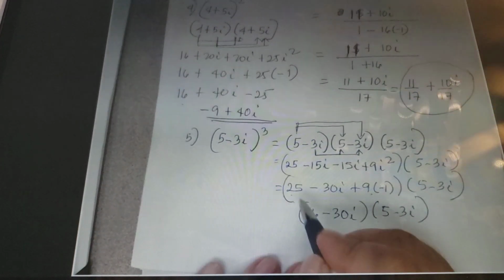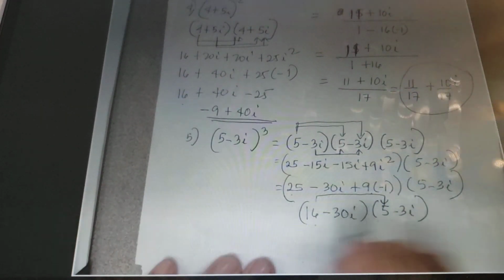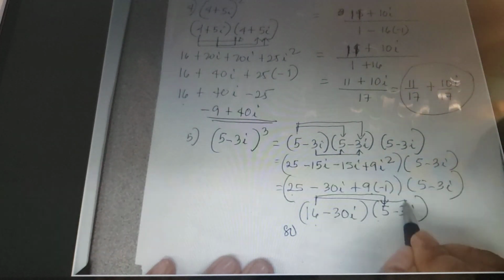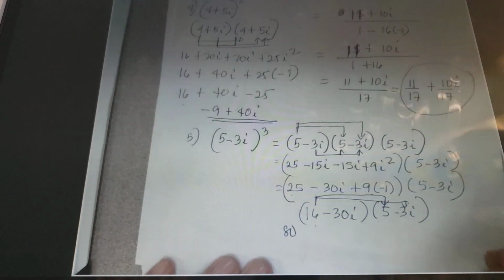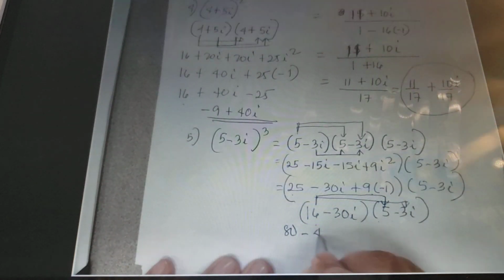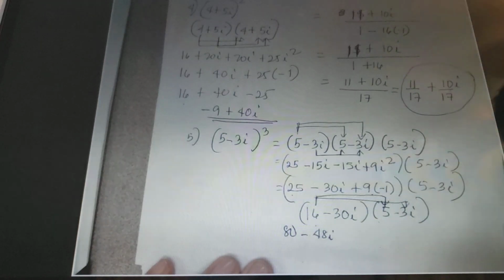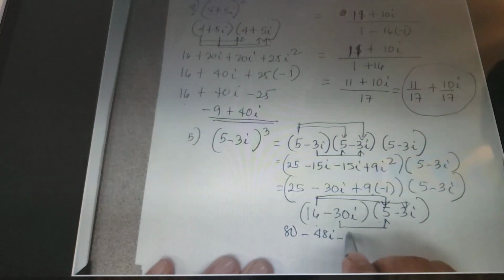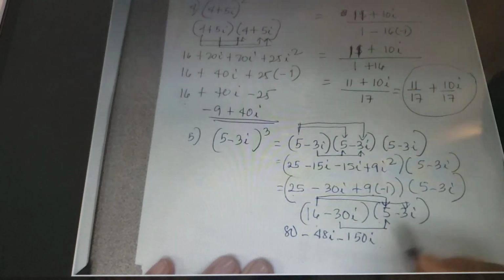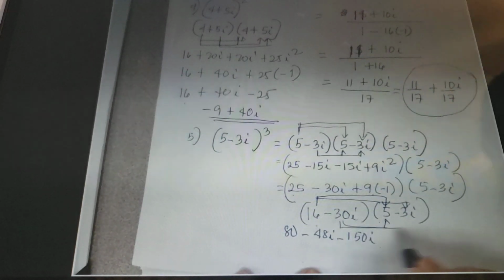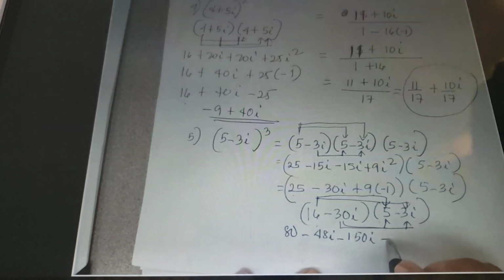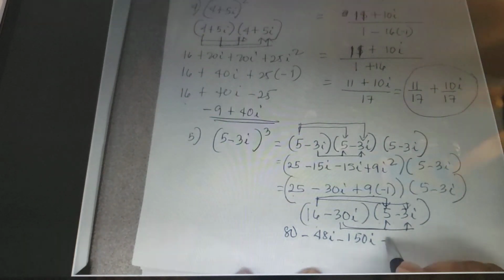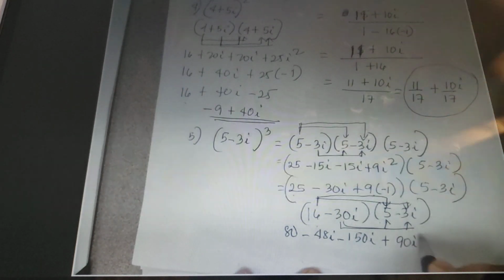So 16 times 5 is 80. 16 times 3i is minus 48i. Negative 30 times this, negative 150i. Then multiply this, negative, that is positive 90i squared.